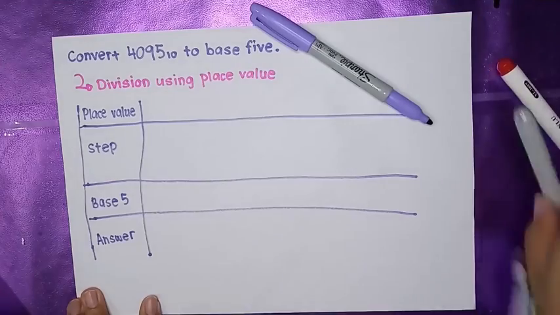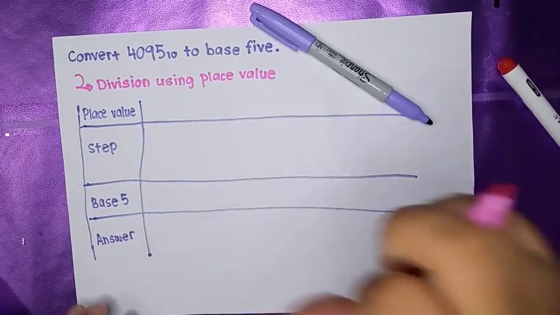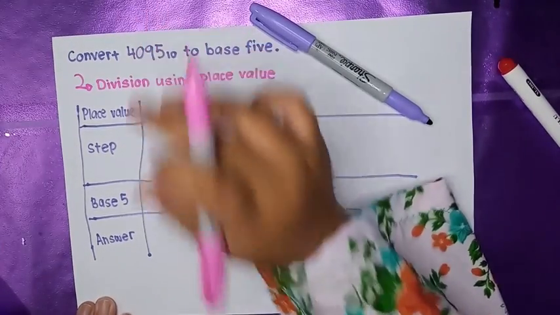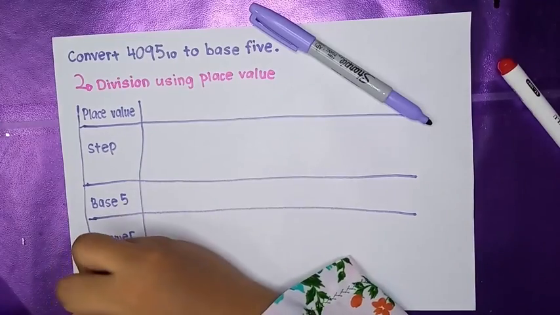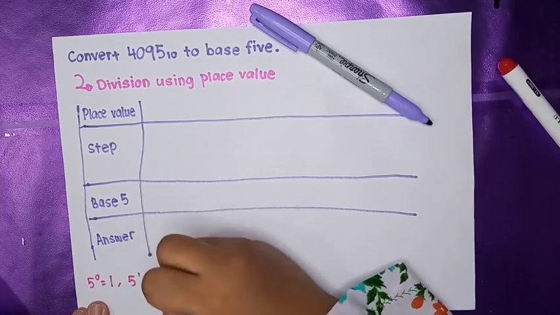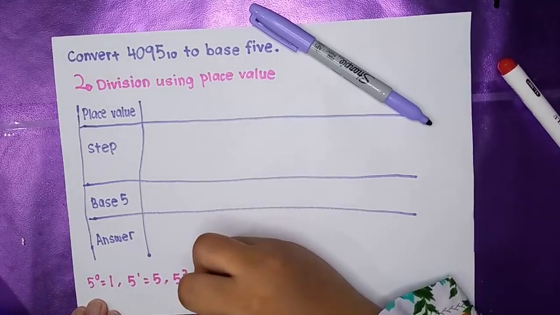Before we fill in the place value, we're gonna list down the place value which is higher than 4095. Start with 5 power of 0 equal to 1, 5 power of 1 equal to 5, 5 power of 2 equal to 25.